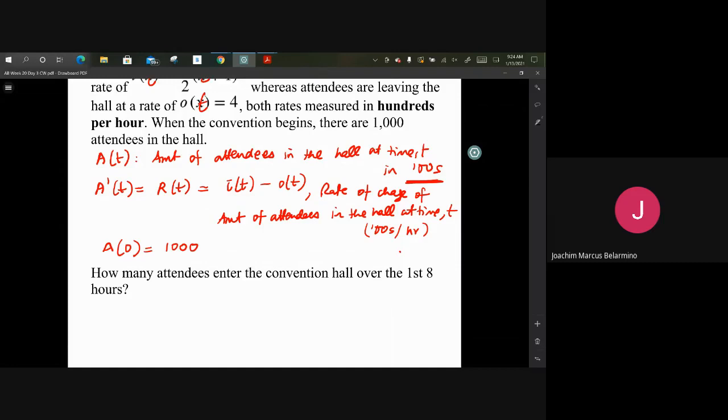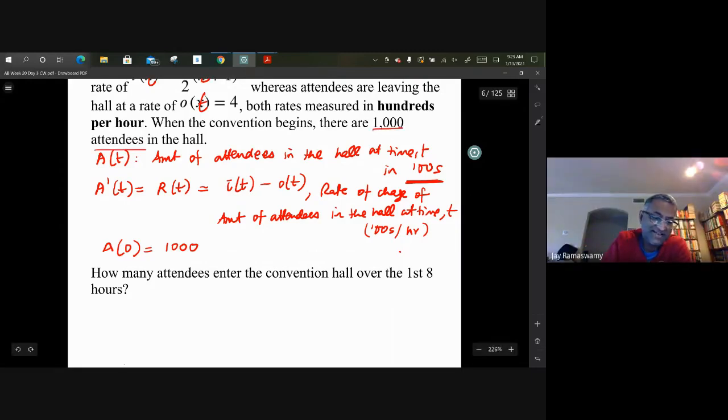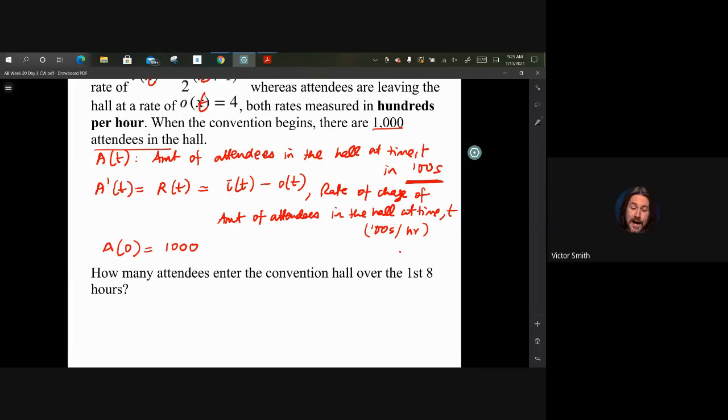The units is 100, so you have to multiply by 100? So 100,000? No, but it says there are 1,000 attendees. You're making it 100,000. Let me clarify. If our scale is hundreds, 1,000 should really be written as 10 hundreds.